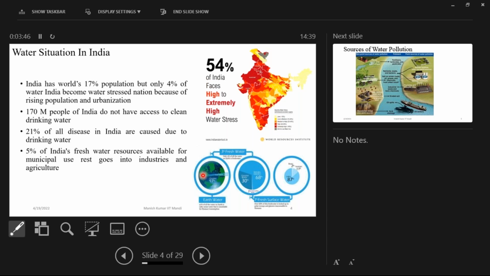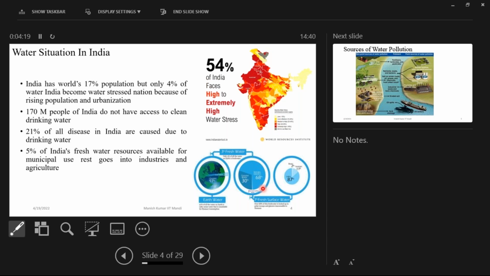We can purify the water and fulfill the requirement of the population, because we have only 3% fresh water, and out of that 3%, 68% is in ice caps and glaciers, which is not reachable for humans, and we cannot use that. We have only 30% of that water as groundwater, and 1% as fresh surface water. This only we can use.